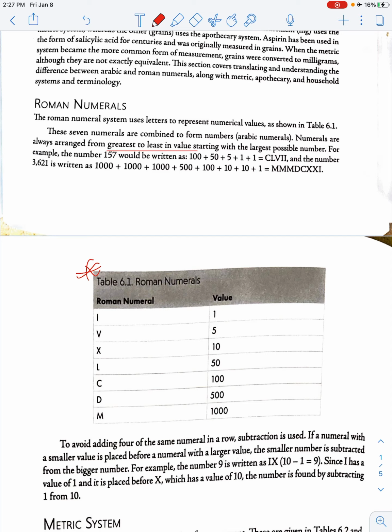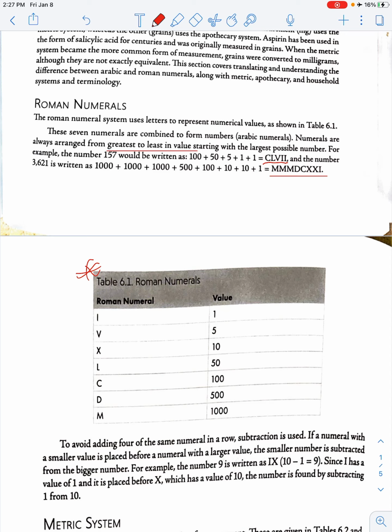For example, the number 157 would be written as 100 plus 50 plus 5 plus 1 plus 1. And they give the Roman numeral equivalent here. And the number 3,621 is written as 1,000 plus 1,000 plus 1,000 plus 500 plus 100 plus 10 plus 10 plus 1. And they give the Roman numeral equivalent here.